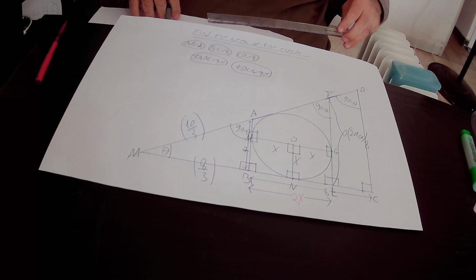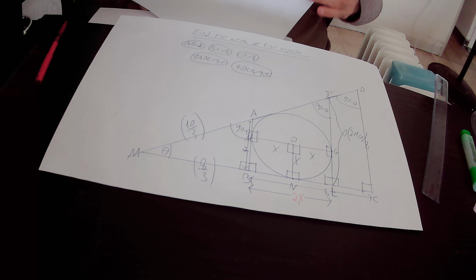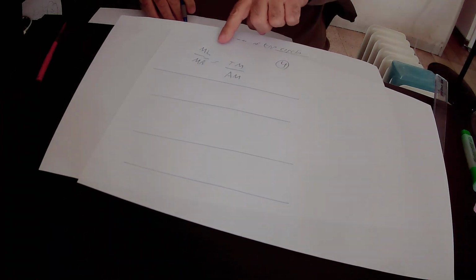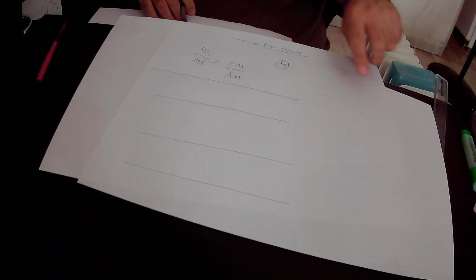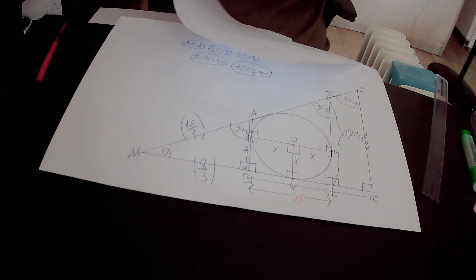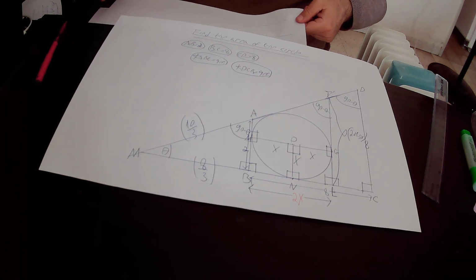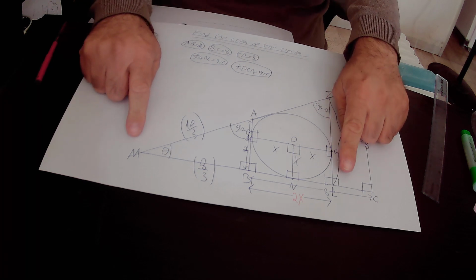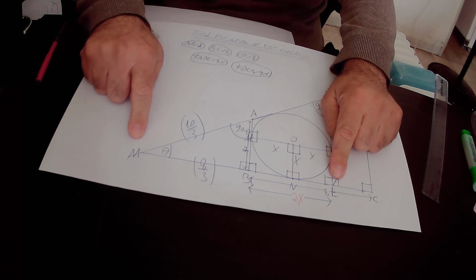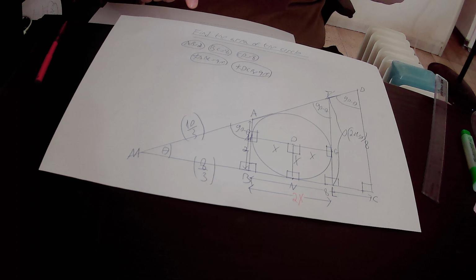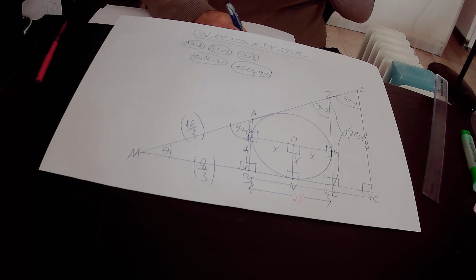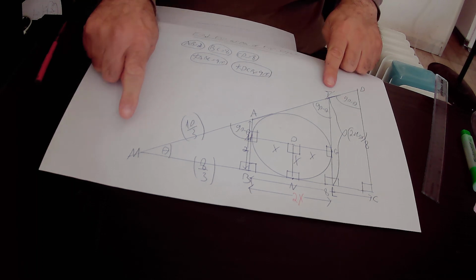We conclude that ML over MB equals TM over MA. So ML equals 8 over 3 plus 2x, over MB, that is 8 over 3, is equal to TM.